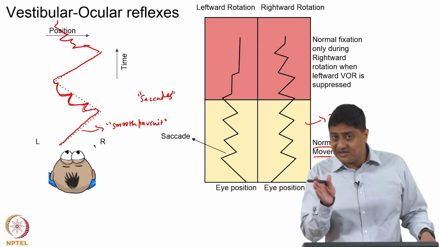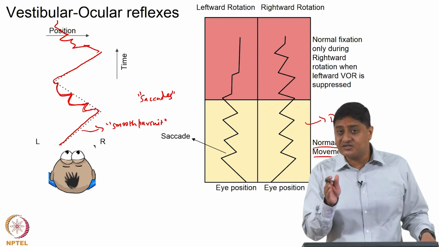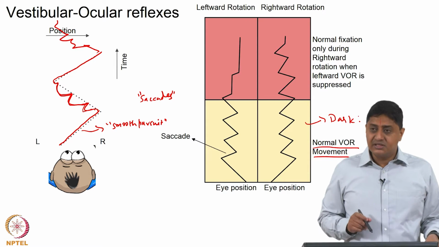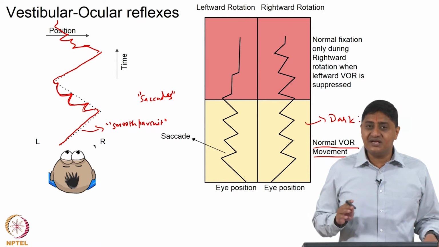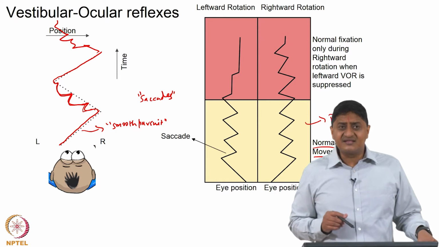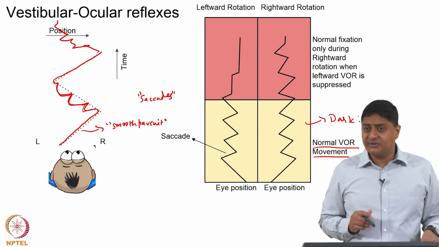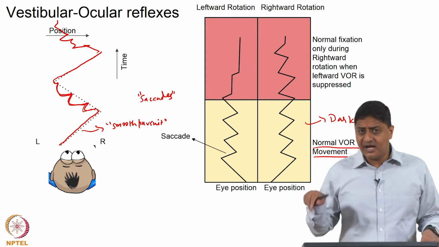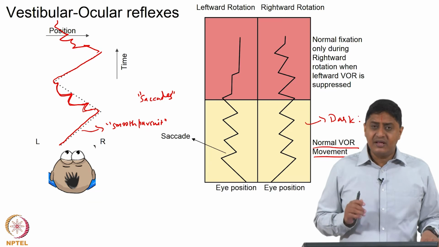When the person's head is rotating and an object is also moving along with the head rotation, and your requirement is to fixate on the moving object, when would this be possible? The example of this is a rotating chair.